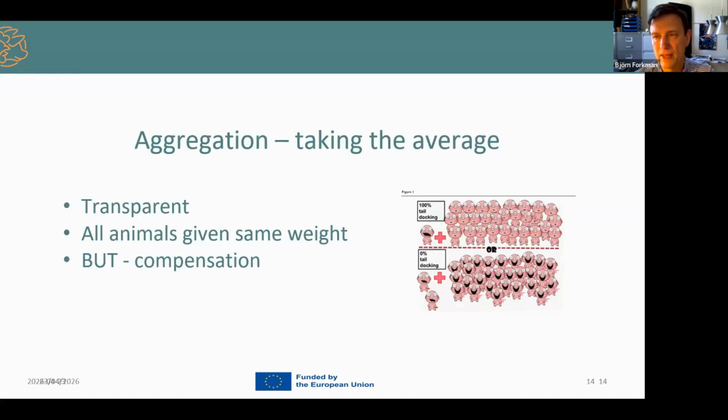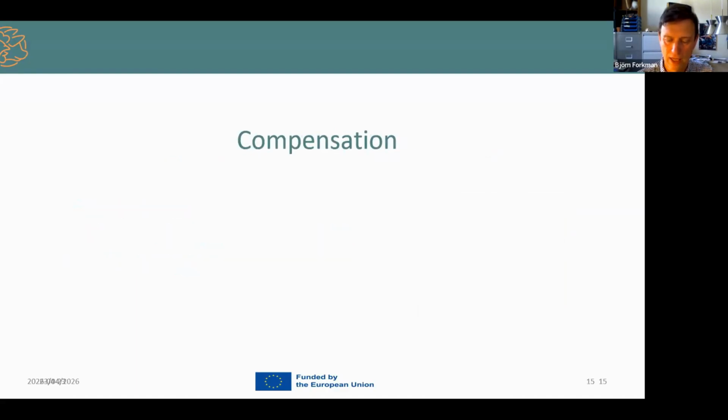So although taking the average is, I think, a good and reasonable way forward, it is by no means uncontroversial. And the compensation part is something which often causes problems or issues. Yes, so I talked about compensation.